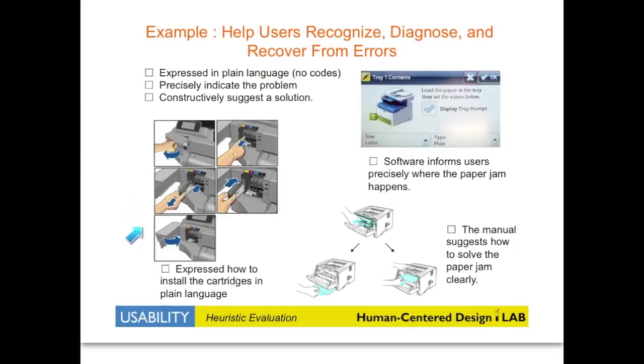Another example of recovery or instruction is from the inkjet cartridge. One explains how to install the cartridge in plain English. And the software informs the user precisely when the paper jam happens, telling the location. And the menu suggests how to solve the paper jam, like pull the cartridge out, and then pull the paper out.